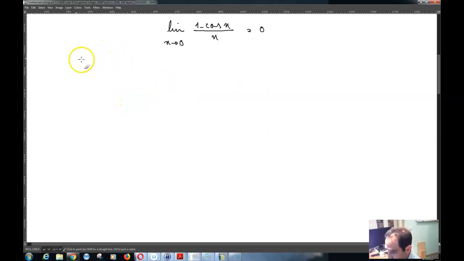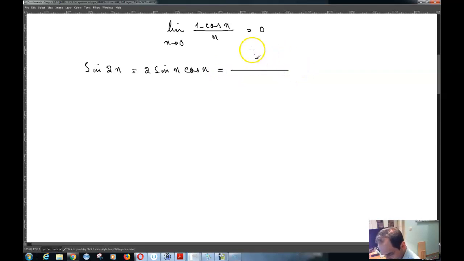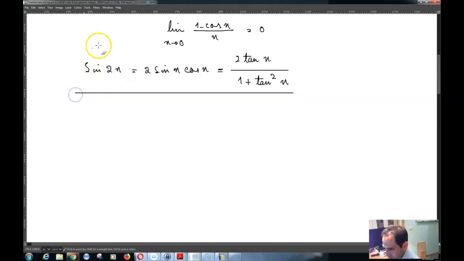First of all, sine 2x is equal to 2 times sine x cos x, which is equal to 2 times tan x over 1 plus tan squared x. So this is sine 2x.